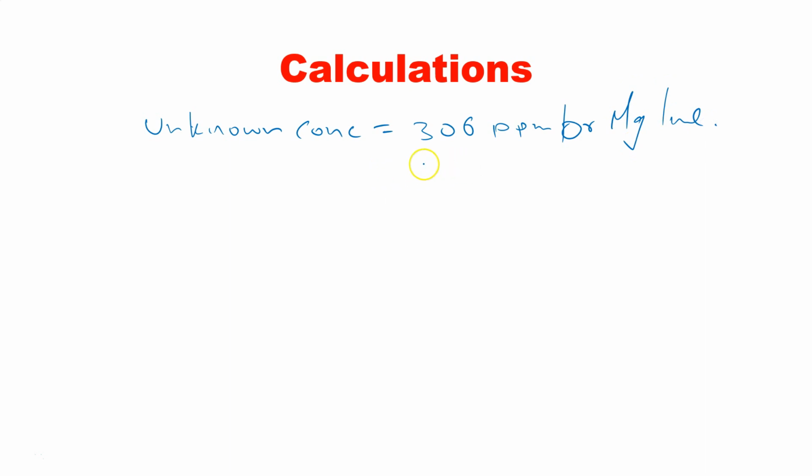For total estimation, now you remember, see the unknown concentration that we got. I will write here unknown concentration as per the line equation we got. So that was 306 ppm or microgram per ml. So this is what we got.